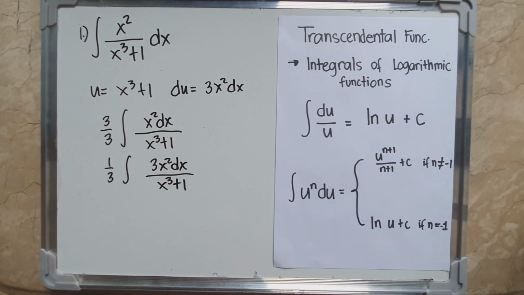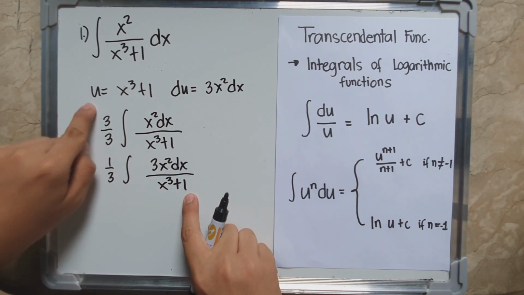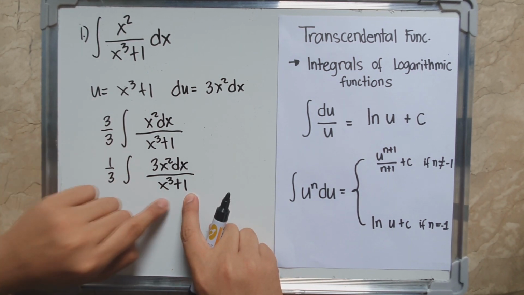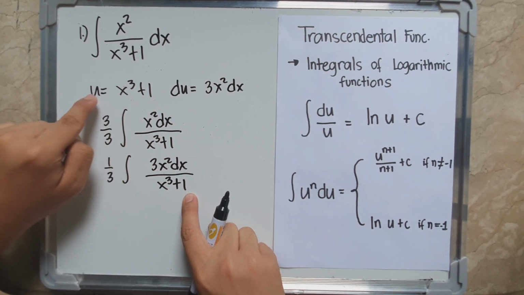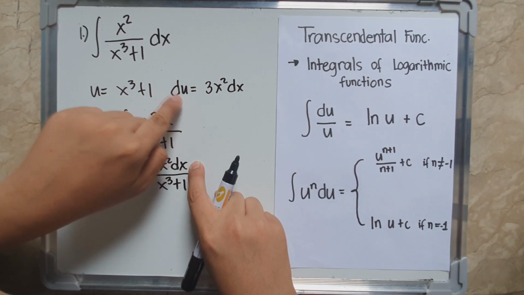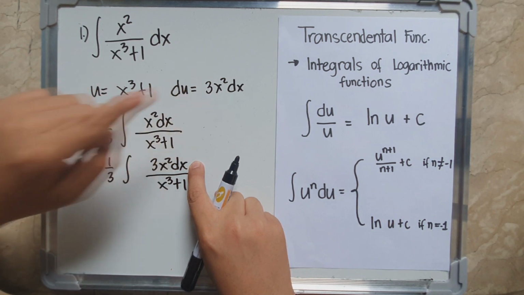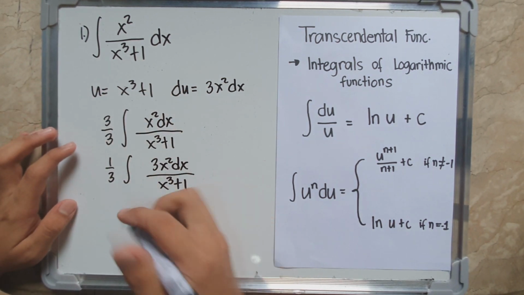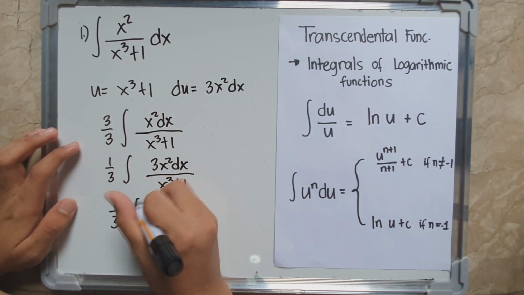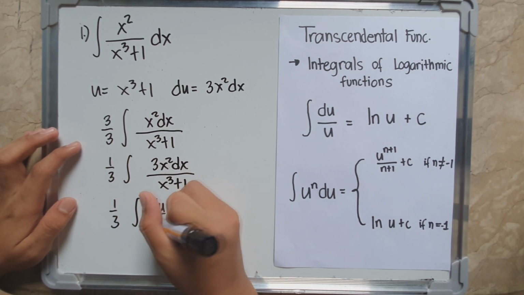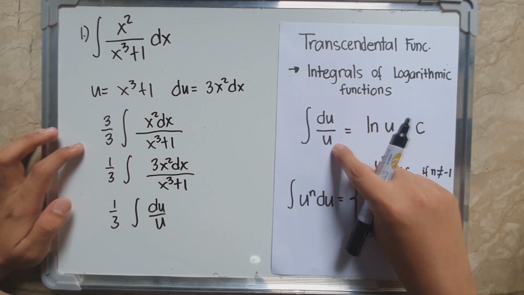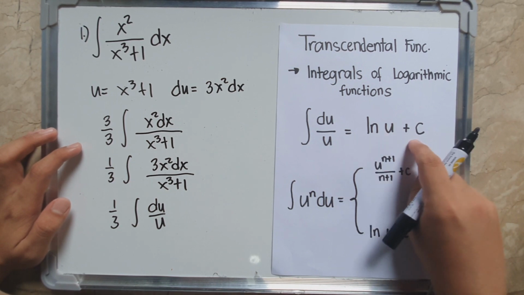So notice we can substitute. For the denominator we have the u, x cubed plus 1. For the numerator we have the du, which is 3x squared. 1/3 integral of du over u. So integrating du over u is equivalent to ln of u plus c.